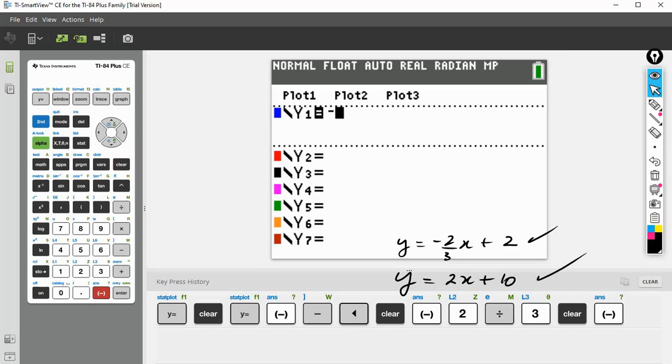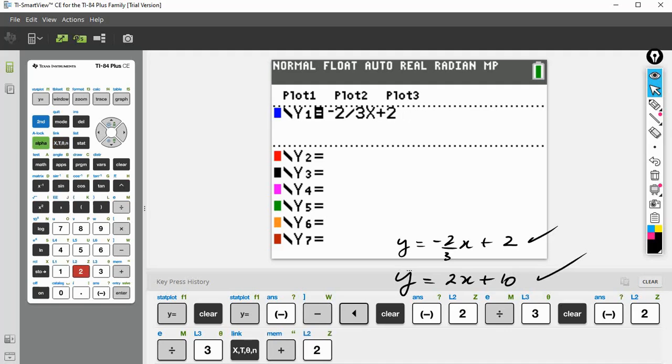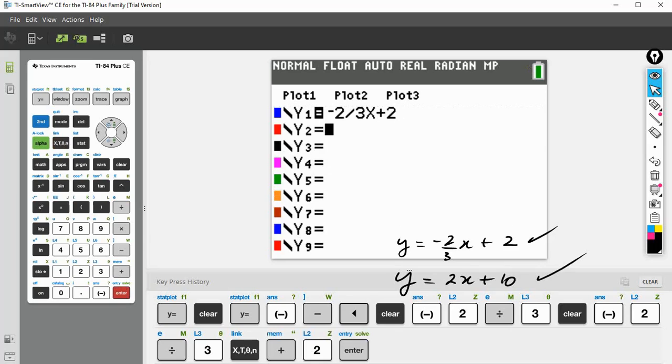So we write -2/3, so that'll be 2 divided by 3, x, which we can find here. So that would be -2/3 x plus 2. So that's the first line, it's graphed. And now we hit enter to go to the next line. And we're going to write the second equation, which is 2x plus 10.